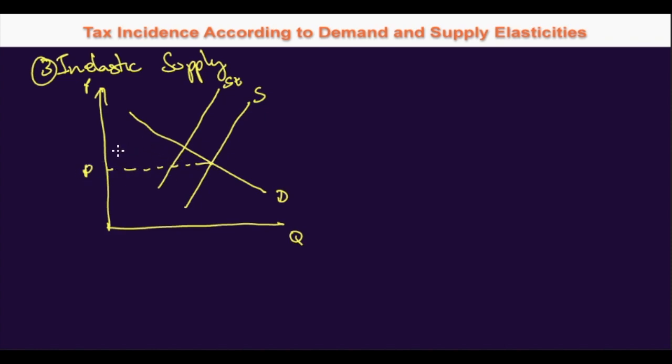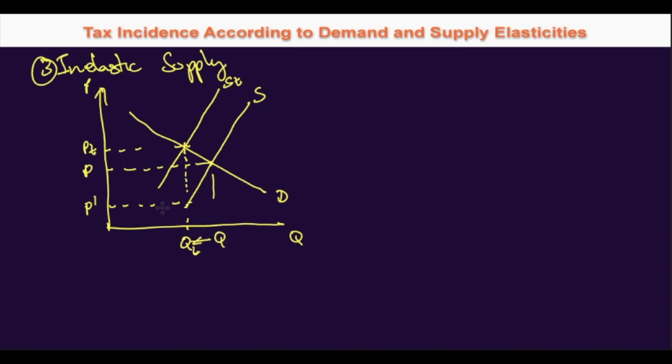This would be PT after tax, and the producer would actually be receiving P dash, and this was the initial quantity, and now the quantity would be QT.